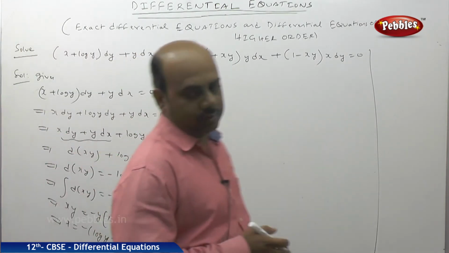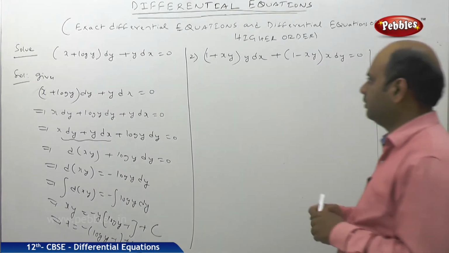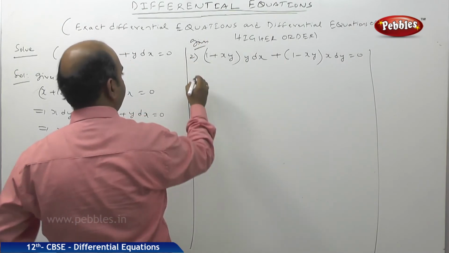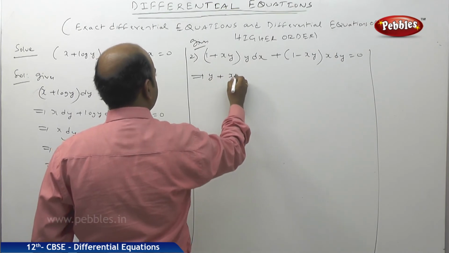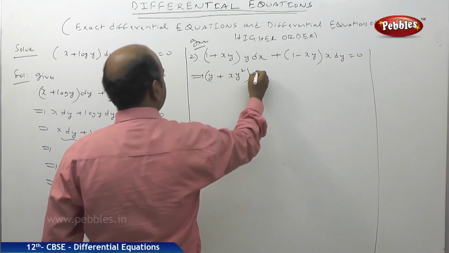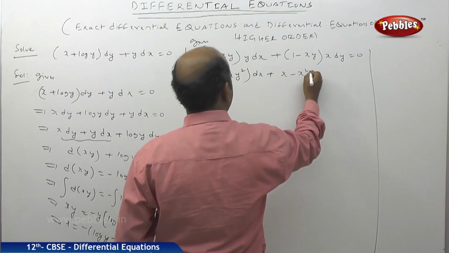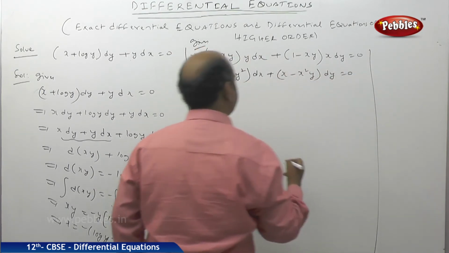Right, when coming to this problem, (1 plus xy) into y dx plus (1 minus xy) into x dy equal to 0. This is given to us. So I'll multiply: (y plus xy square) dx plus (x minus x square y) dy equal to 0.